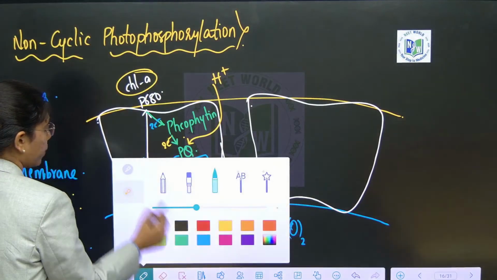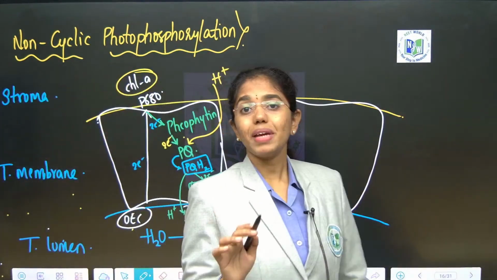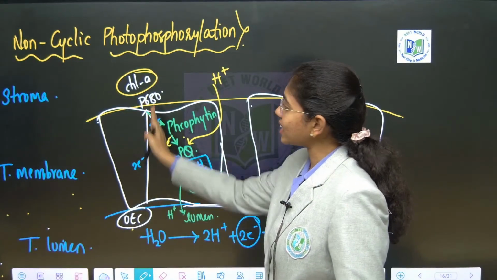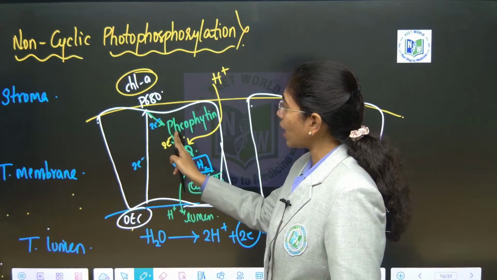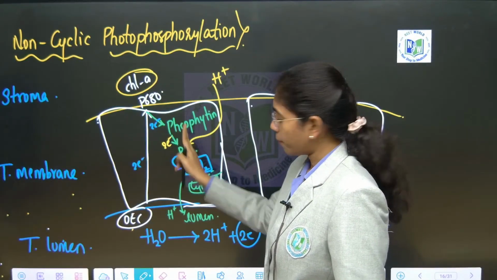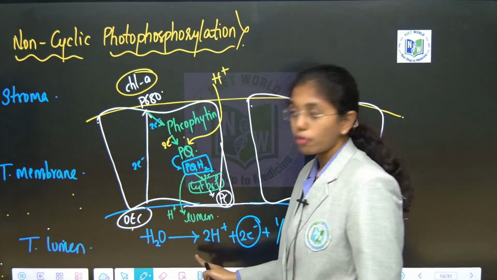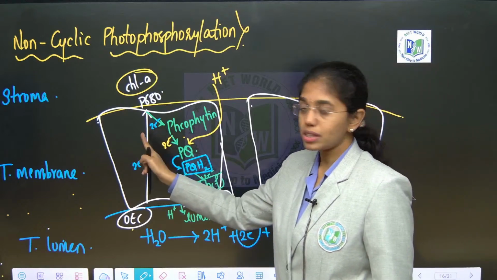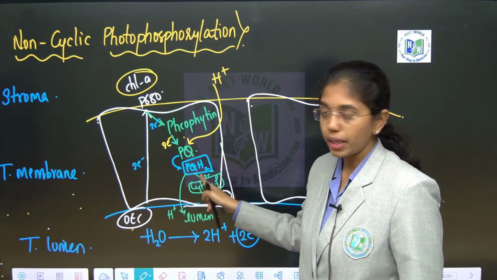Clear till here? See, in photosystem 2, where P680 is the reaction center, first the electrons are excited to P680 from photons, and the primary electron acceptor will be pheophytin. The electron flow will be continuous because of the photolysis of water happening inside the thylakoid lumen. First electrons are given to pheophytin, then the quinone cycle will operate here.